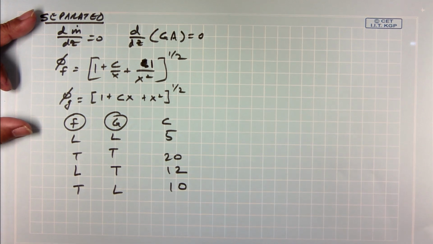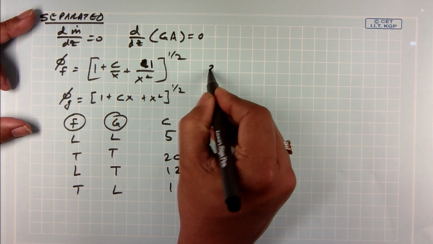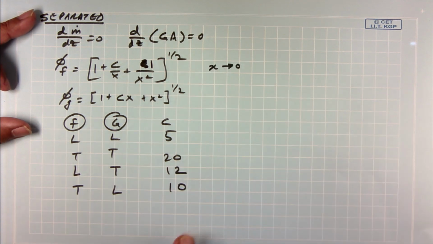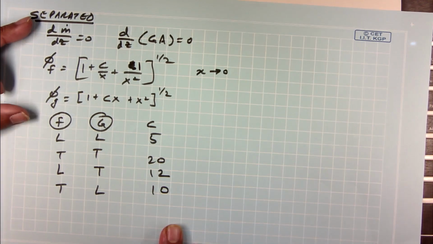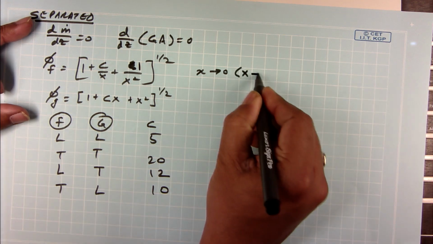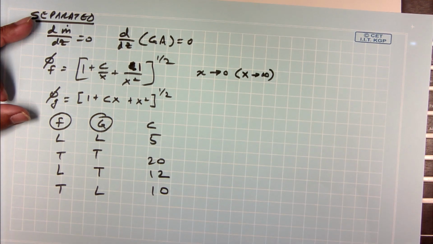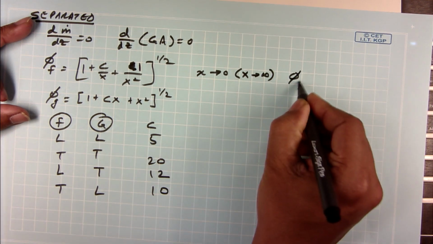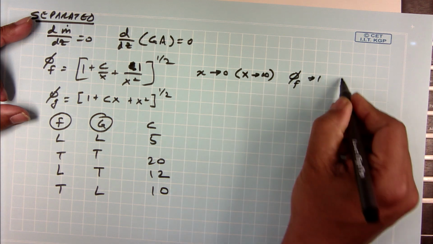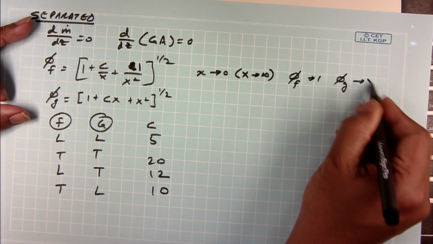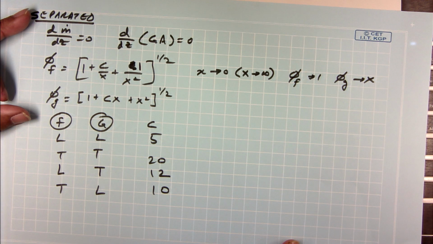And the characteristic of this equation is when your x approaches 0, which is you have purely liquid flow, right, which means your Martinelli parameter approaches infinity. Okay. In that case, as you expect, your phi f approaches 1 and phi g approaches x in the limit. Okay.